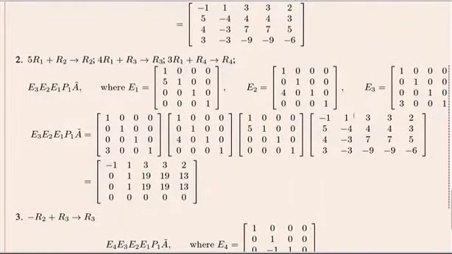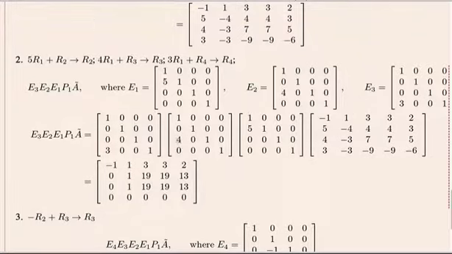you have 5 times row 1 added to row 2, so you have -5, 5, you have 5, -4 is 1, then 5 times 3, 15 plus 4, 19, again 15 plus 4, 19, and 5 times 2, 10, plus 3, 13. So that was 5 times the first row added to row 2.